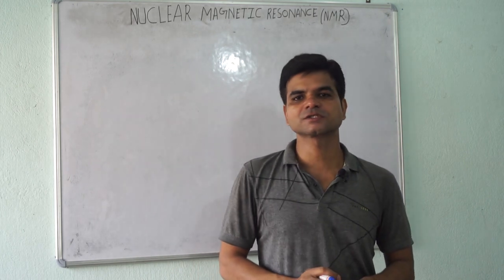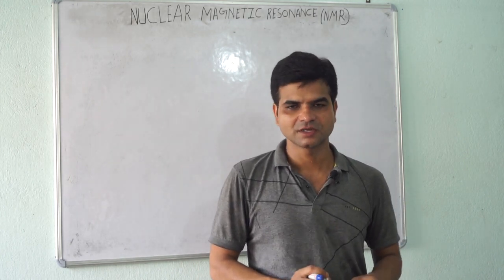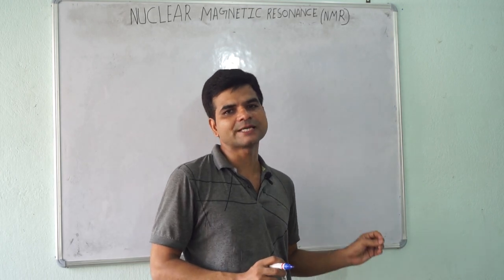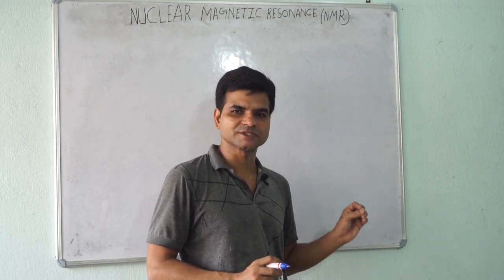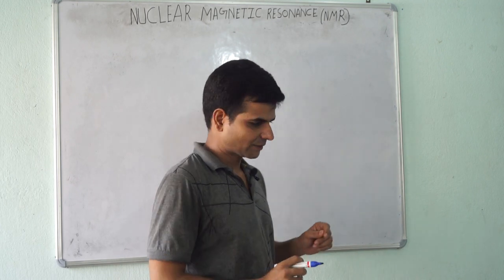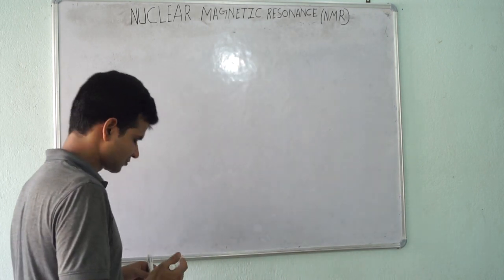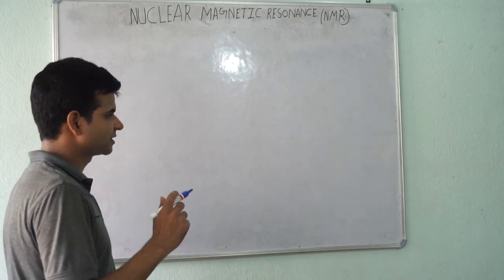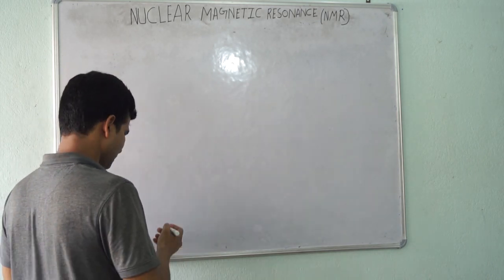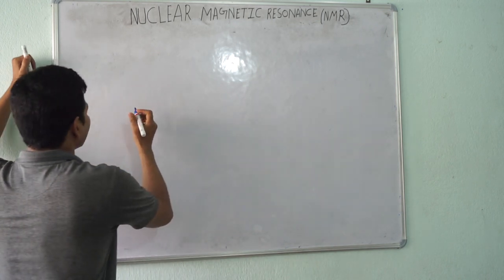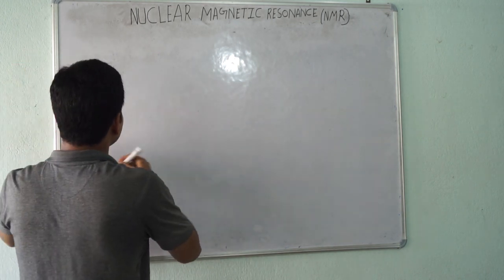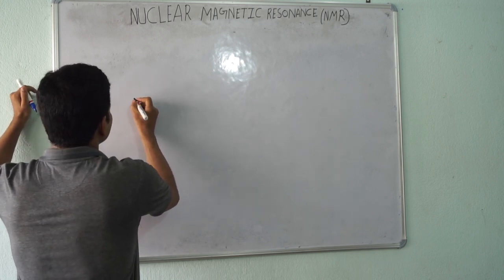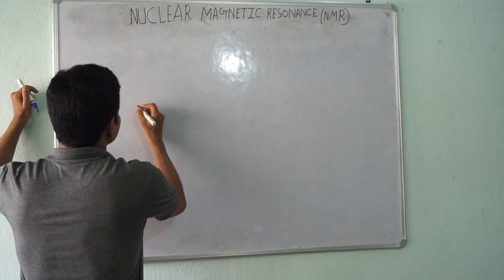Now we are going to discuss proton NMR. I told you in proton NMR we determine the types of hydrogen atoms present in the molecule. Suppose we have a molecule and there are two types of hydrogen atoms present in it.